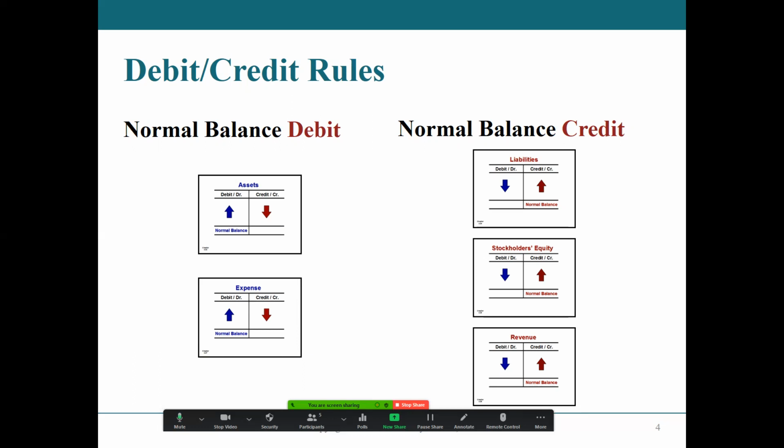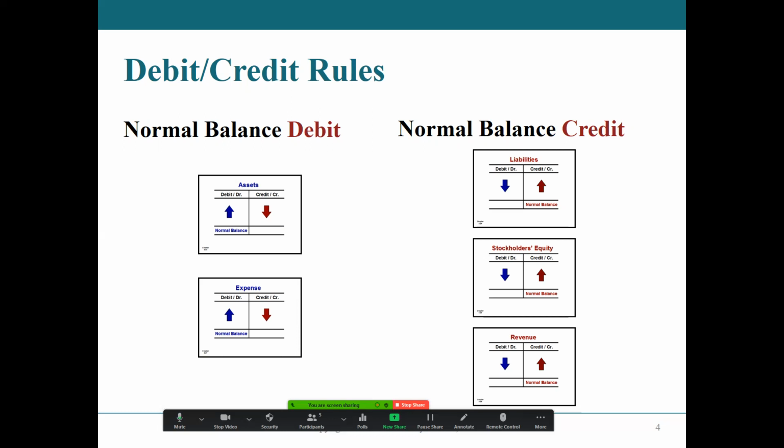All the term debit means is an entry on the left side of an account, and I'll talk about what left and right means in a minute. Just think of it as a directional term. When we do a debit entry, we're entering it on the left, and when we do a credit entry, we're entering it on the right.